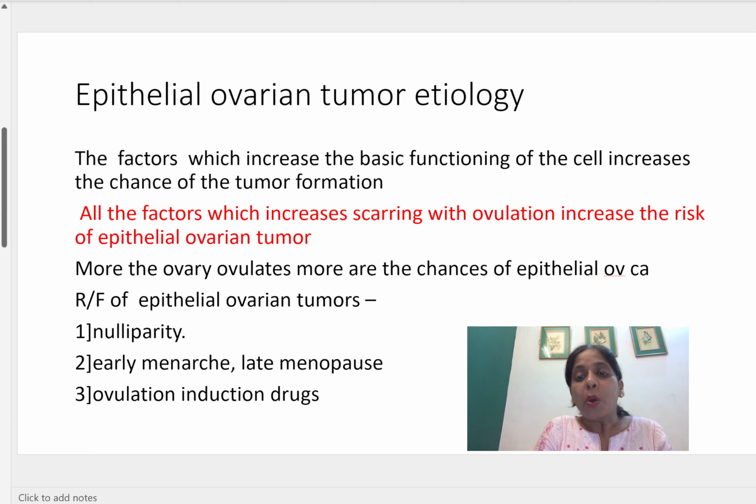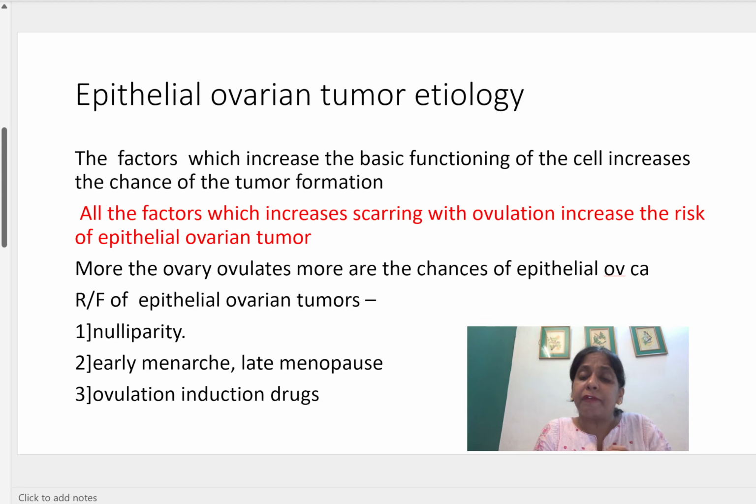You all know that once a month the ovary ovulates. When the ovary ovulates, the epithelium ruptures and the ovum jumps from the ovary into the fallopian tube, right, during ovulation.